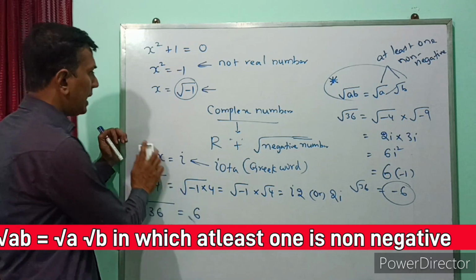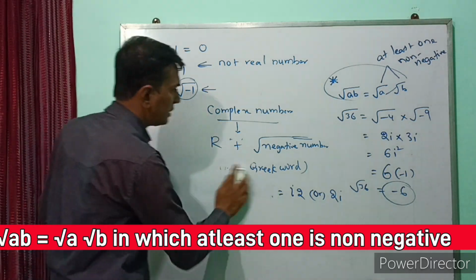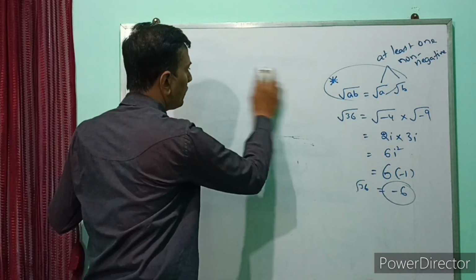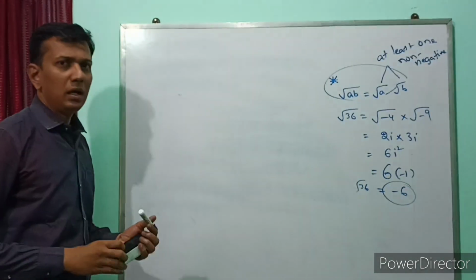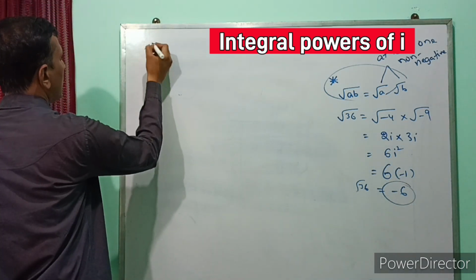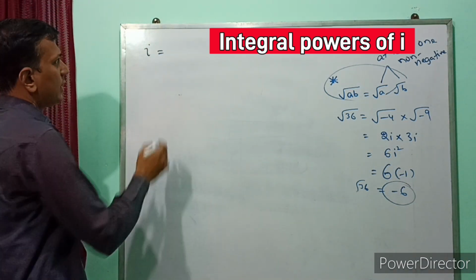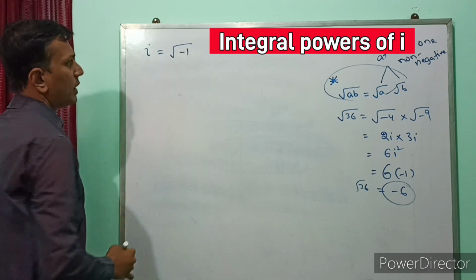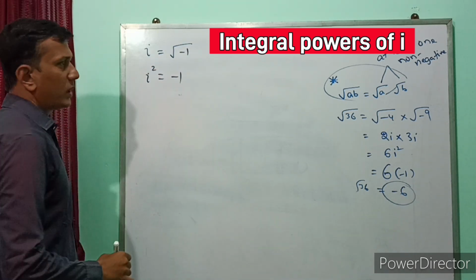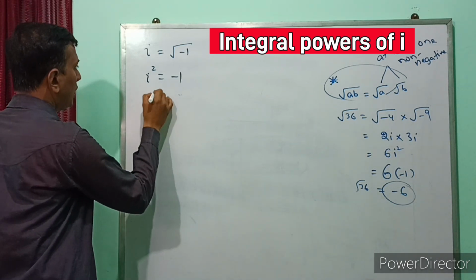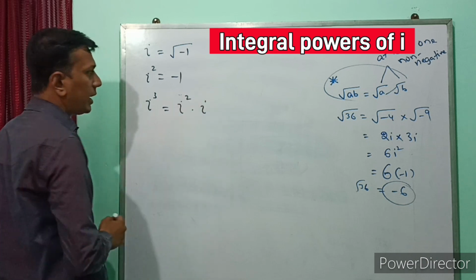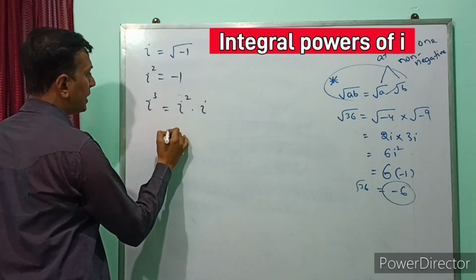Whenever we get iota in terms of powers, how to define its values? Just now we got the i square value. Similarly, I can get i cube, i power 4 and so on. We know that i is equal to square root of minus 1. i square is equal to minus 1. i cube can be written as i square into i, where i square is nothing but minus 1.